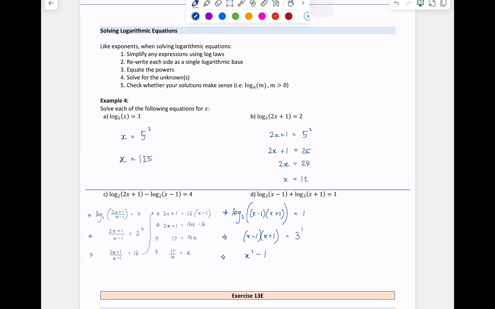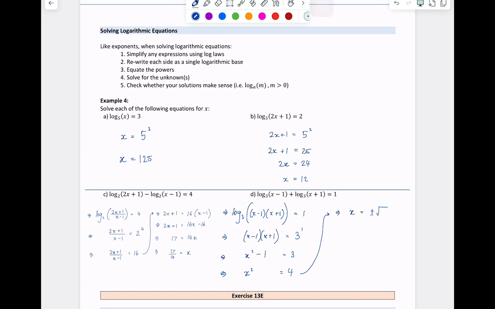We know that difference of perfect squares here, we're going to end up with x squared minus 1, because x minus 1 times x plus 1 is going to equal x squared minus the 1 there. If you can't remember, go back to the quadratics, see if you can find that difference of perfect squares rule, as it will be there. So we've taken across the minus 1 to the right hand side. x squared equals positive 4.